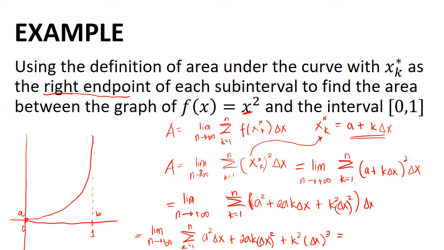Remember, ang value natin ng a natin is what? 0. B natin ay 1. So, lahat ng may a dito, magiging 0 na yan. Wala na yan. So, ang matitira na lang dito actually is the limit as n approaches positive infinity, summation ng k equals 1 to n, k squared delta x cube.